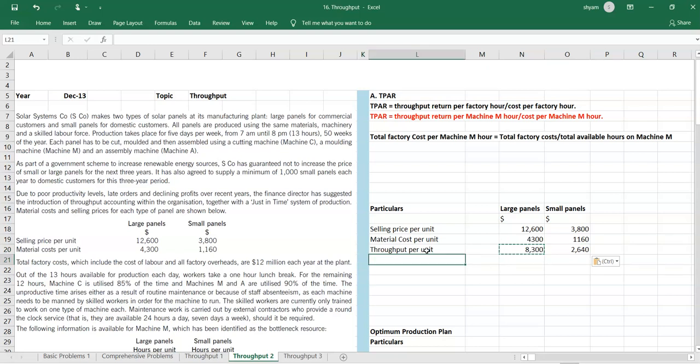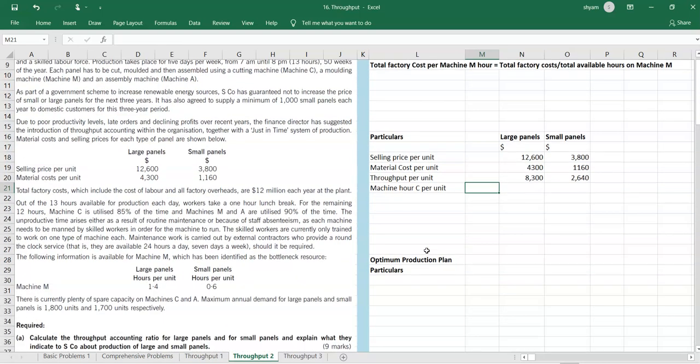Okay, bottleneck resource is machine hour C per unit. Okay, machine hour C per unit. So they have given it here. It's 1.4 and 0.6.